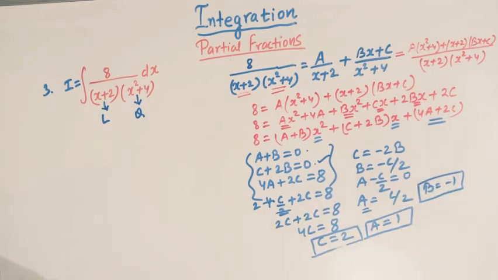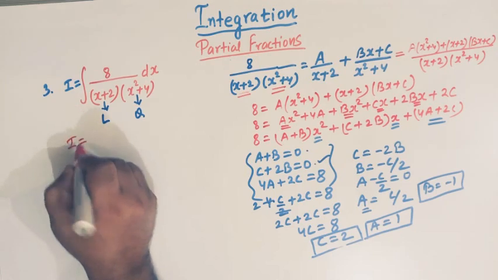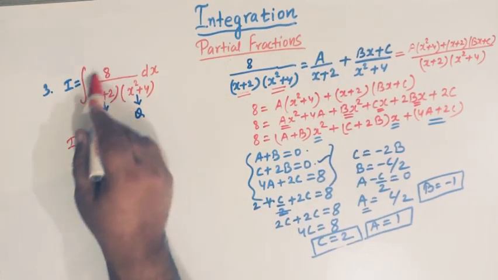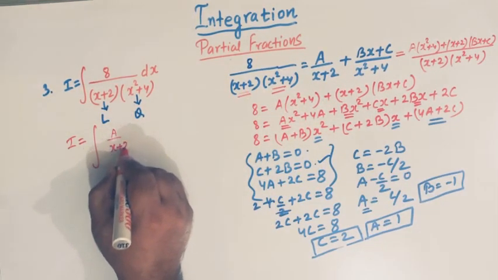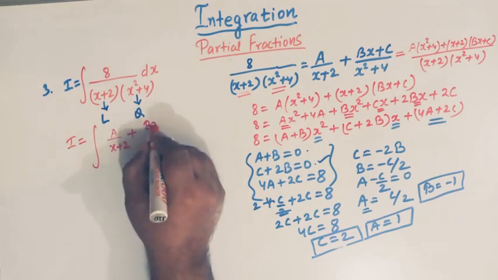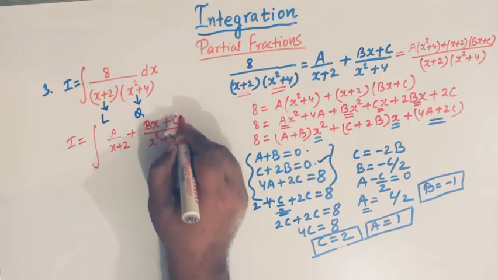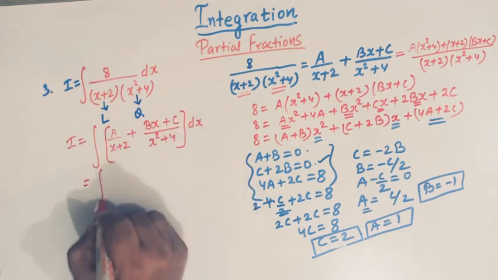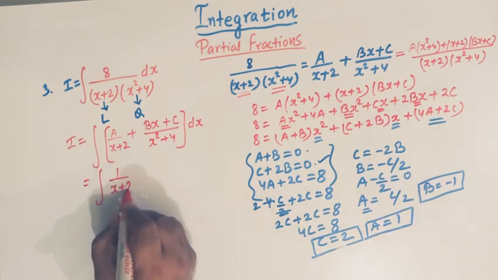Now once we have obtained the values of A, B and C, this integral can be easily evaluated. For this we can write the integral of A over x plus 2 plus (Bx plus C) divided by x square plus 4, dx. Now substituting the values, A is 1, so we have 1 over x plus 2.